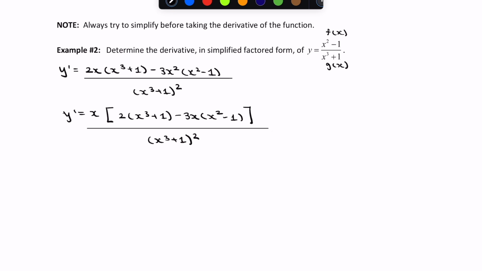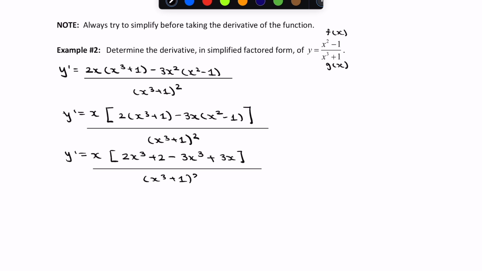Here we can expand inside the brackets. So y prime is equal to x, bracket, 2x cubed plus 2 minus 3x cubed plus 3x, over x cubed plus 1 squared.